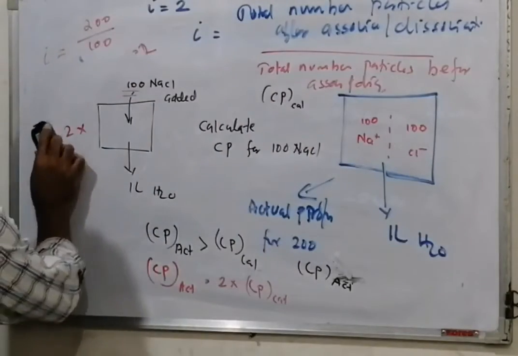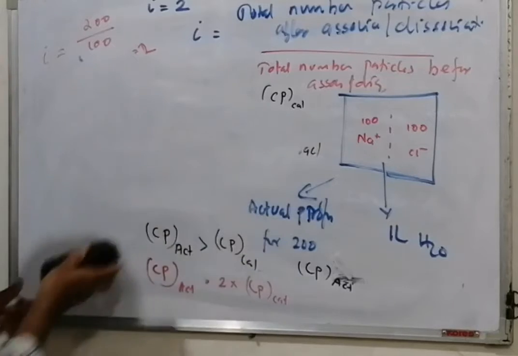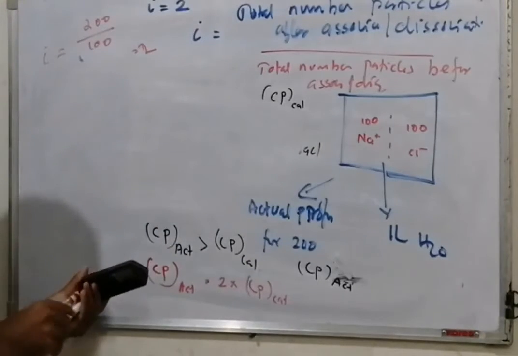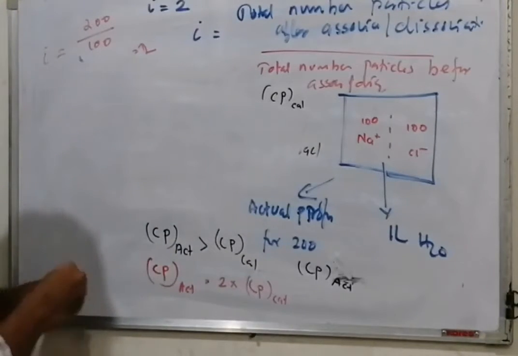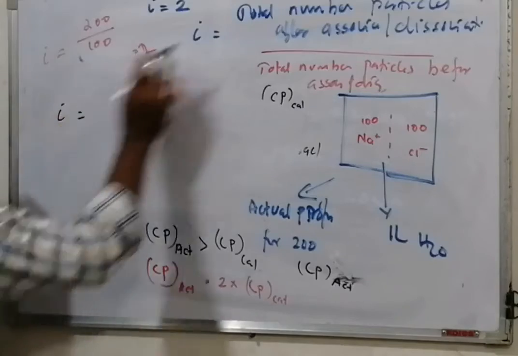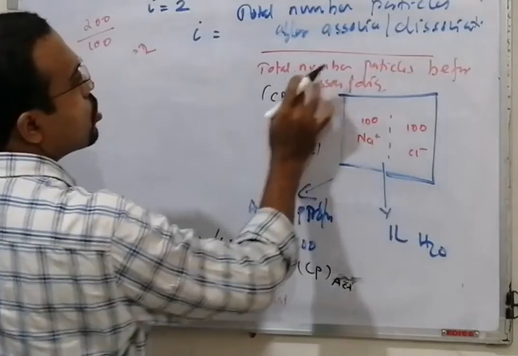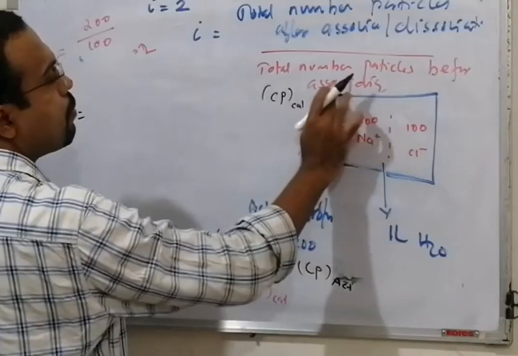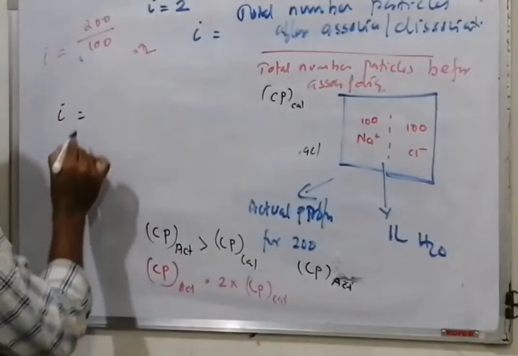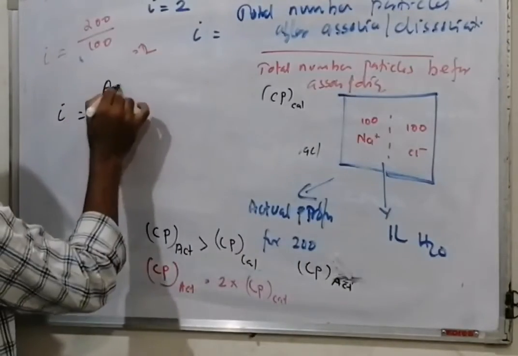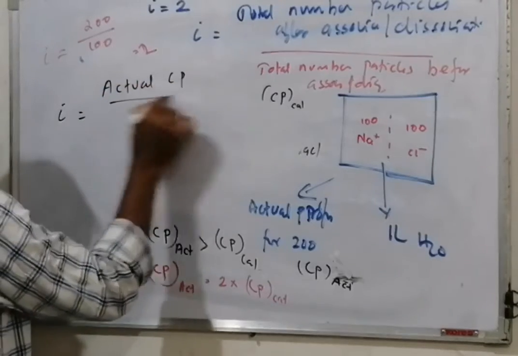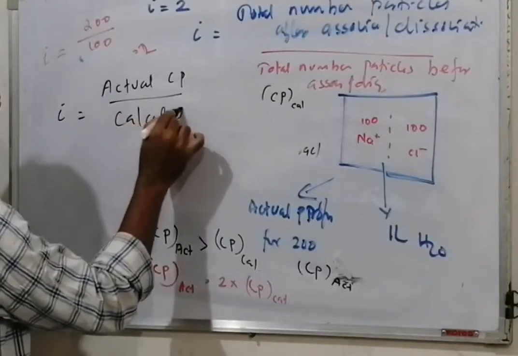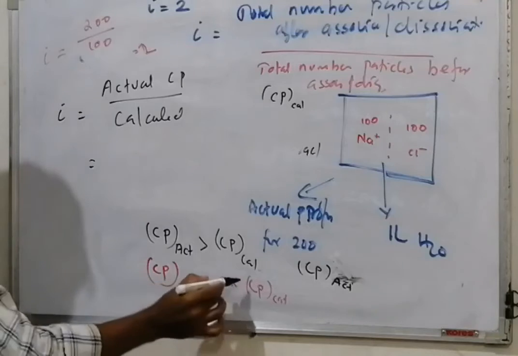Or another equation he introduced: i is equal to the total number of particles after association or dissociation, divided by the total number of particles before association or dissociation. i is equal to the actual colligative property divided by the calculated colligative property.